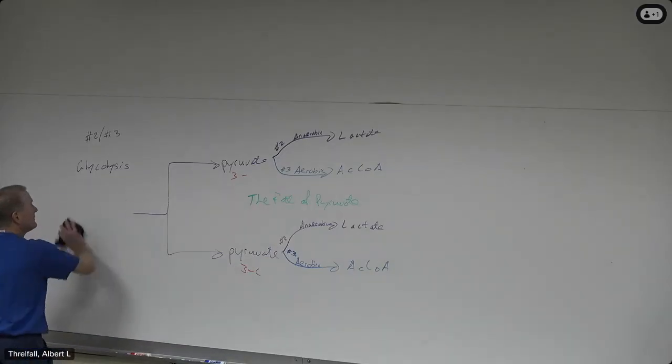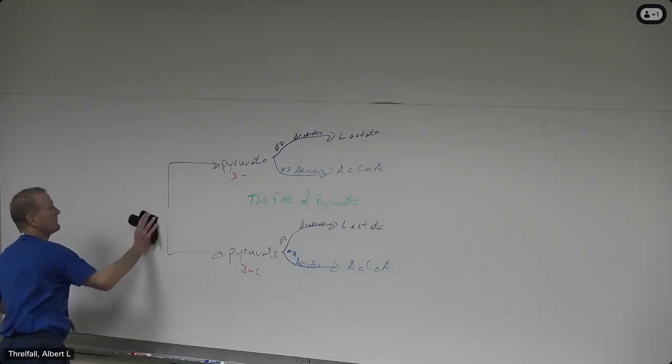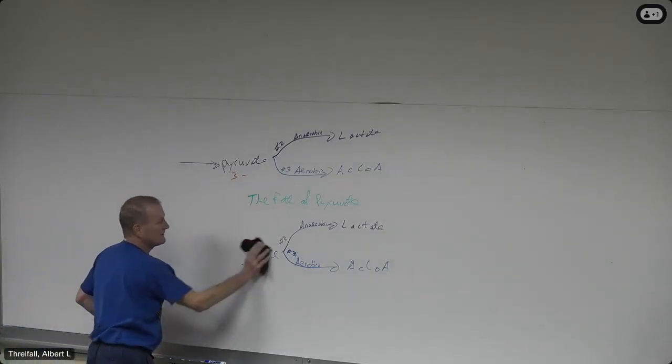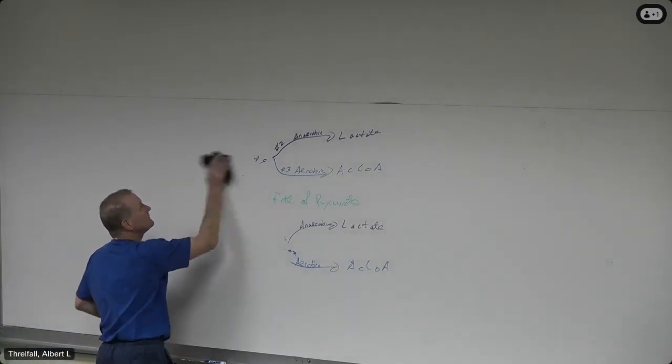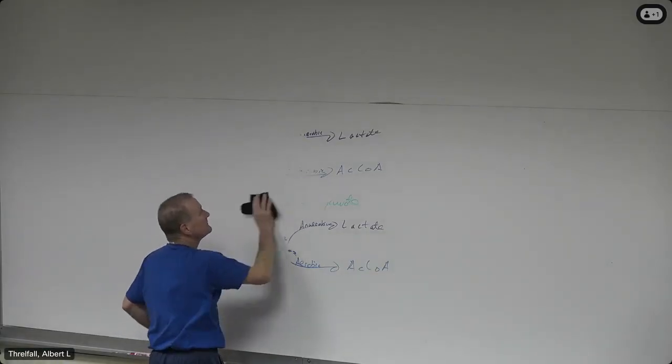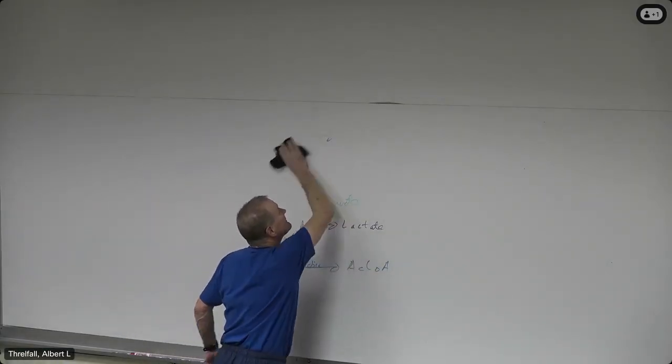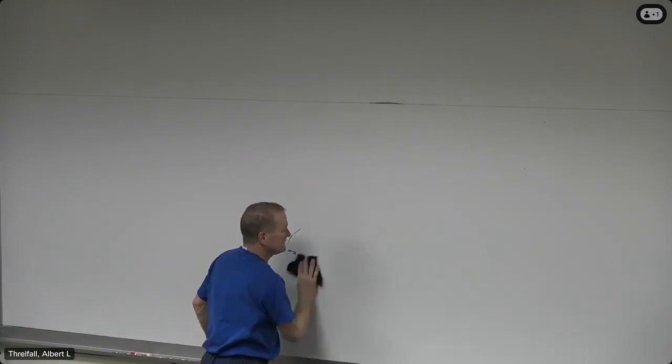So now we'll look at energy system number 3 in full. Number 3, you can look at your notes and see this is called the complete oxidation of glucose.